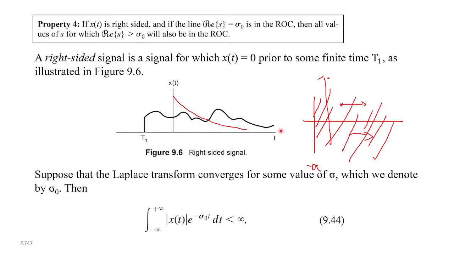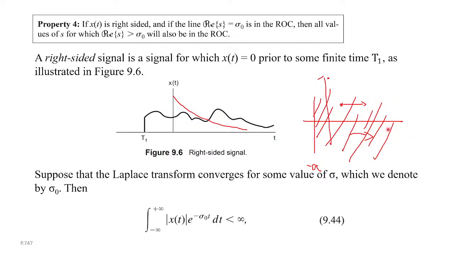And then there's a weaker condition where your x is only bounded on the left side, and the right side can be anything. Once again, you do the exponential analysis, and you see that if you multiply it with the decaying exponential, then this integral is always going to converge. So that means that your ROC will extend to the right all the way.